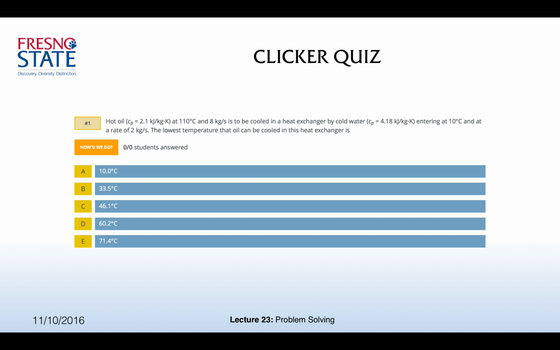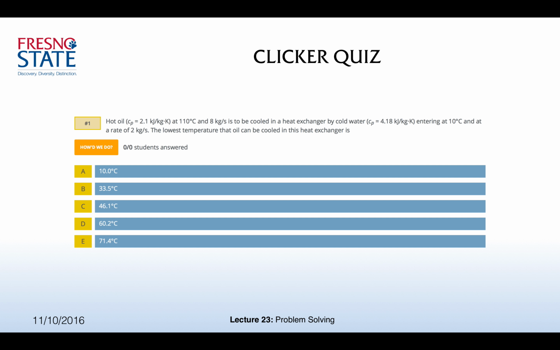So Qmax gives us the maximum possible temperature difference. So for Q maximum, I would have the minimum possible exit temperature for the hot fluid, because the fluid cools down a lot. The temperature difference would be the maximum possible. So the minimum possible T hot out is one of the 5 options over here.